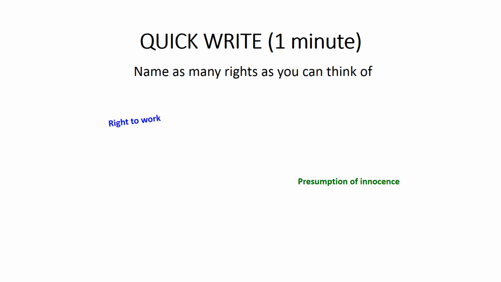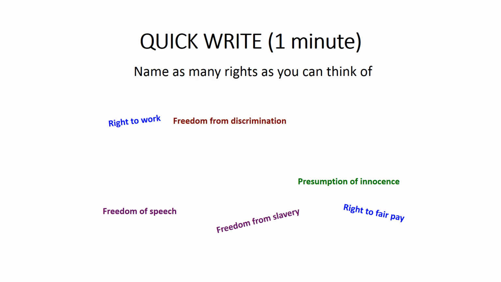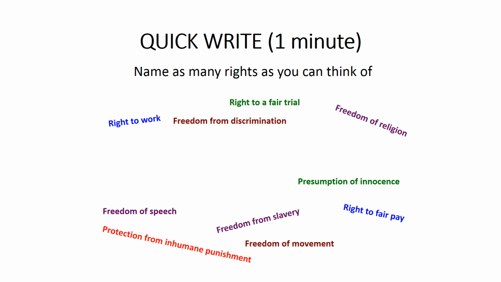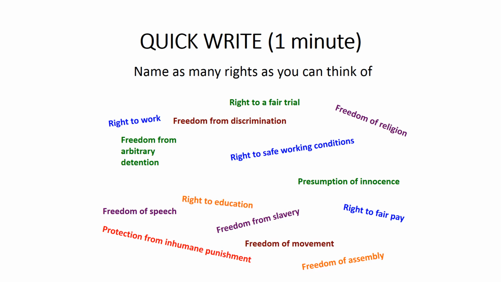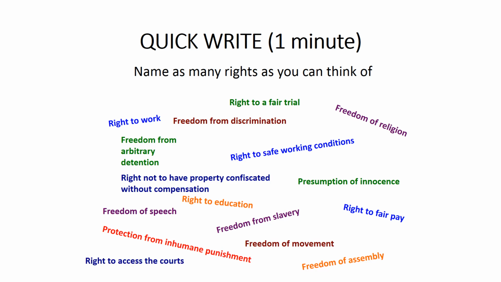The presumption of innocence, right to work, freedom of speech, freedom from slavery, right to fair pay, freedom from discrimination, protection from inhumane punishment, right to a fair trial, freedom of religion, freedom of movement, freedom of assembly, freedom from arbitrary detention, right to safe working conditions, right to education, right not to have property confiscated without compensation, right to access the courts, right to life, right to food and water, right to vote, right to shelter, freedom of movement. So there are a lot of rights that we enjoy as Australians.